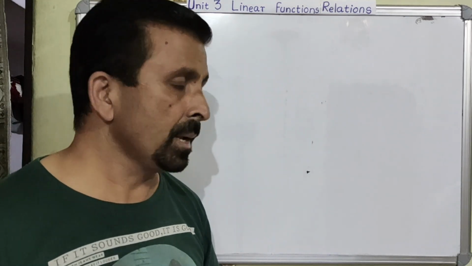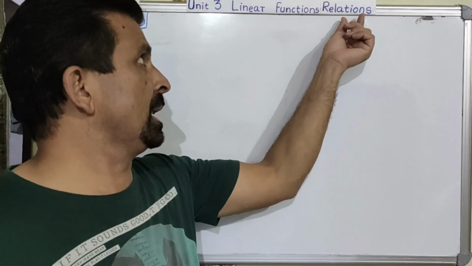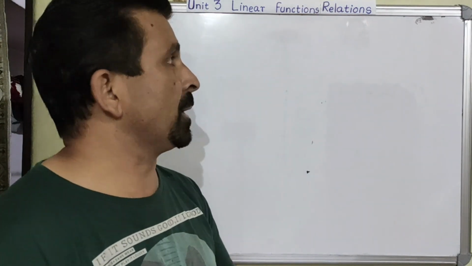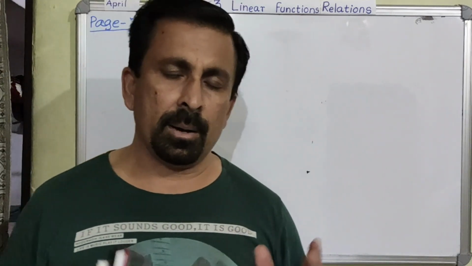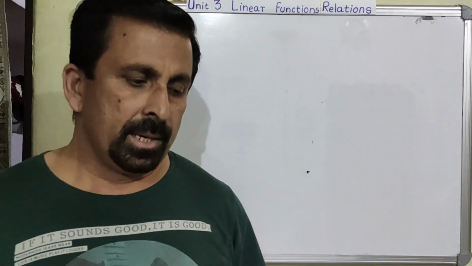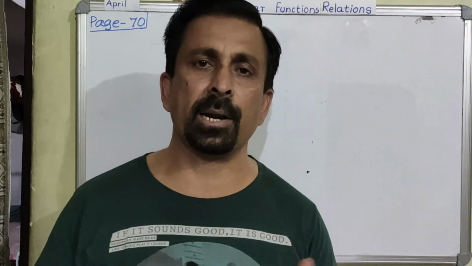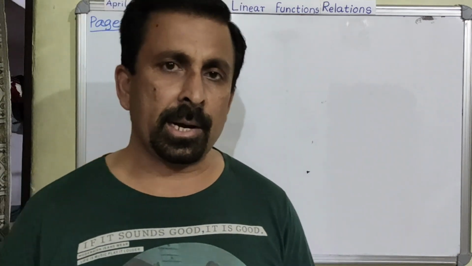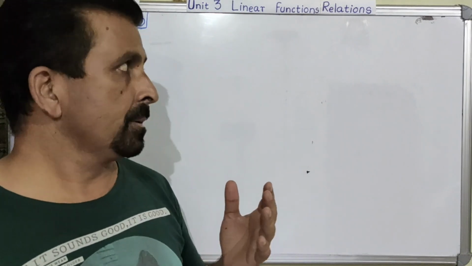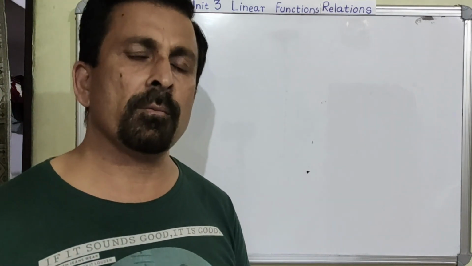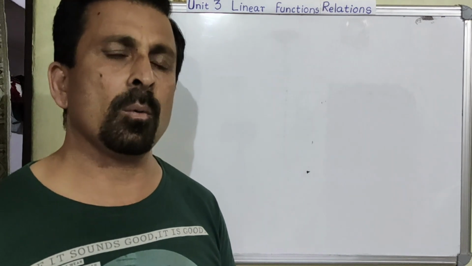Clear? Now we will try to understand the word relation and function. Linear functions and relation. Many times you have plotted the graph, right? What did you notice? In the graph, you try to show the relation between the two variables, x and y.